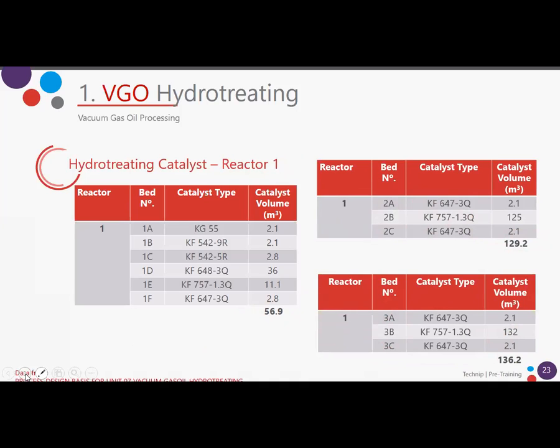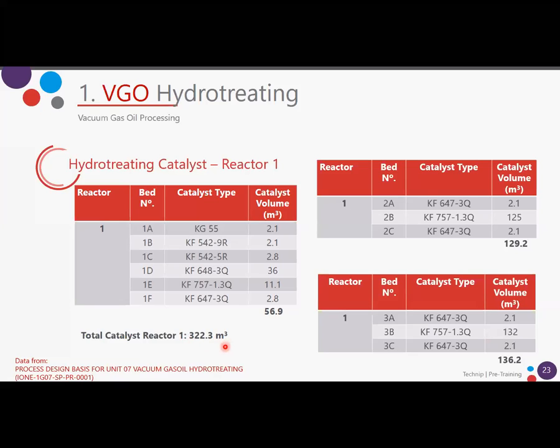So in the first reactor, you have this quantity of catalyst. You can see that there is a huge quantity of catalyst. These reactors are quite big. I think this first reactor is like 26 meters in height, so it is a very important piece of equipment in the refinery.